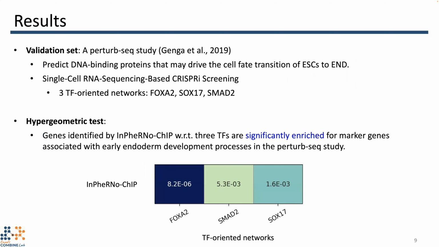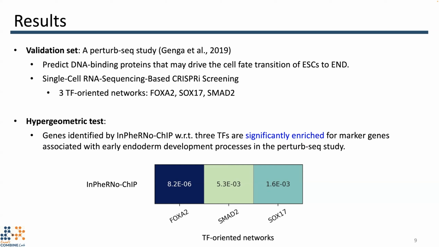Next, we use this experimental study as our primary data to further validate TF-gene phenotype relationships identified in the TRN. The experimental study first used RNA-seq and ATAC-seq data to investigate dynamics in chromatin accessibility during the differentiation of embryonic stem cells to endoderm. Then, they performed Perturb-seq screening to define the loss-of-function phenotype of potential molecular drivers in endoderm development. 3 TFs in our study were shared with this study.